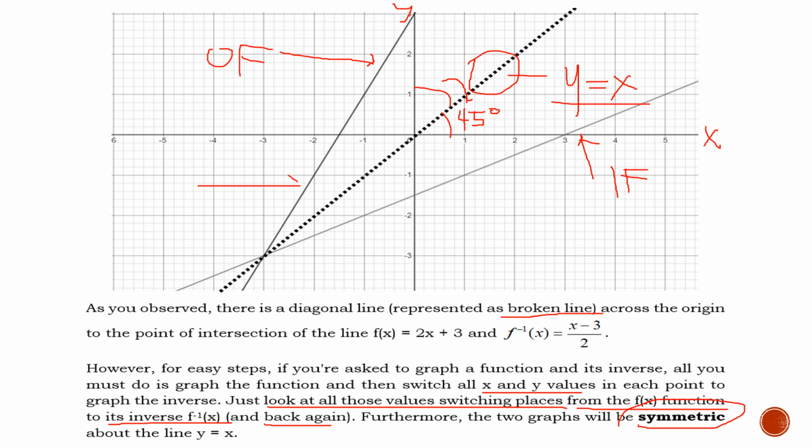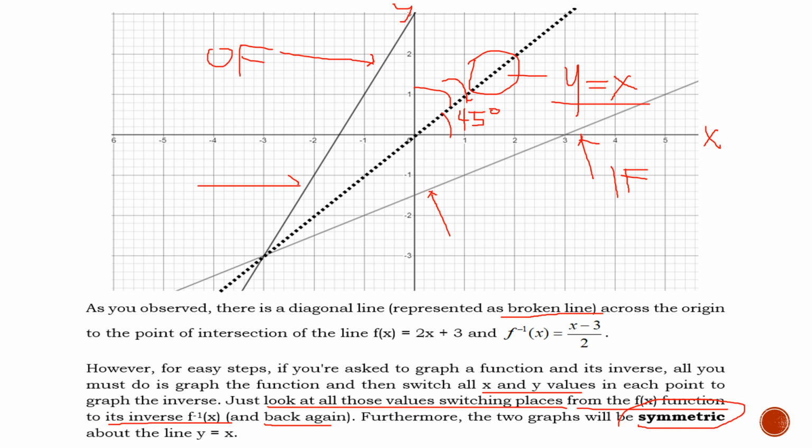That this line and this line will be symmetric about the line, or about your diagonal line here, your broken line. So that's why if this is your broken diagonal line, these two graphs that represent your original function and your inverse function will be symmetric to this line.